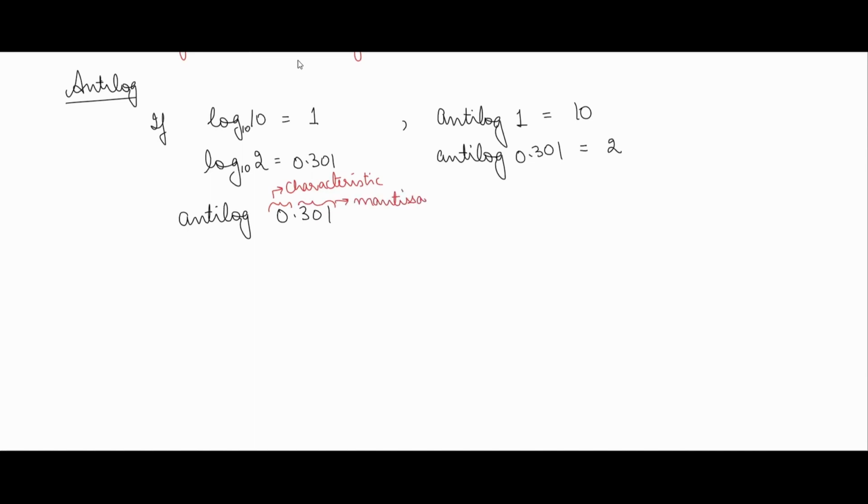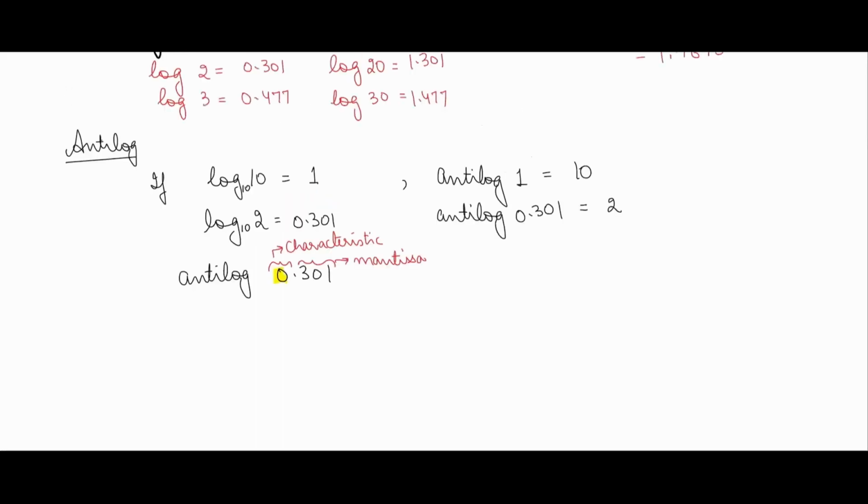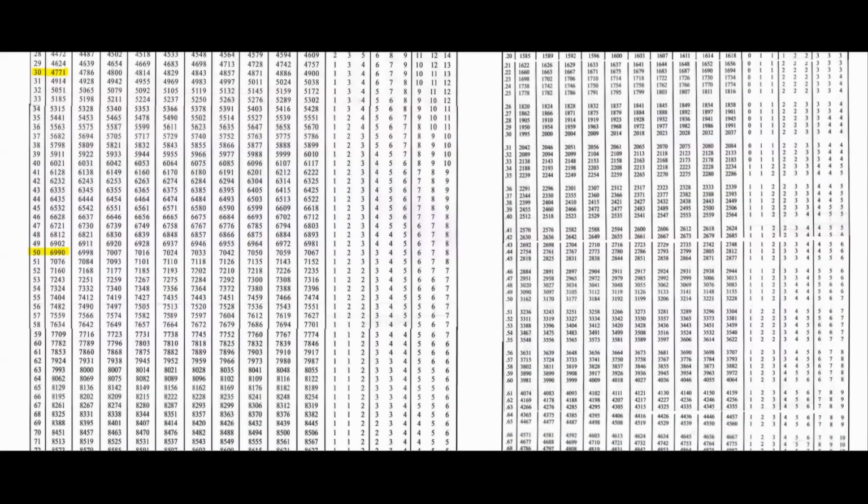So we don't have to look at the characteristic. We will directly look at the mantissa in the anti-log table: 0.30 under 1. What do I read? I read the number 2000.